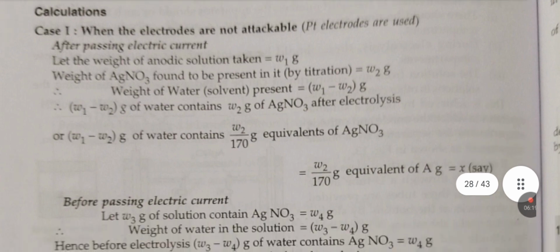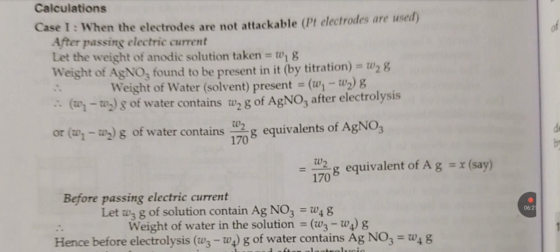Calculation. Case 1. When the electrodes are non-attackable, Pt electrodes are used. After passing electric current, let the weight of the anodic solution taken be W1 gram. Weight of AgNO3 found to be present in it by titration will equal W2 gram. Weight of water solvent present is equal to W1 minus W2 gram.